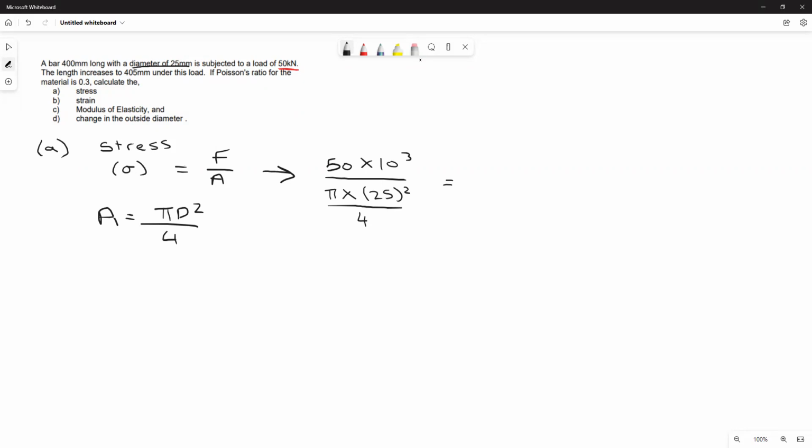Once you've put that into your calculator, you should then get a stress value of 101.87 newton meters.